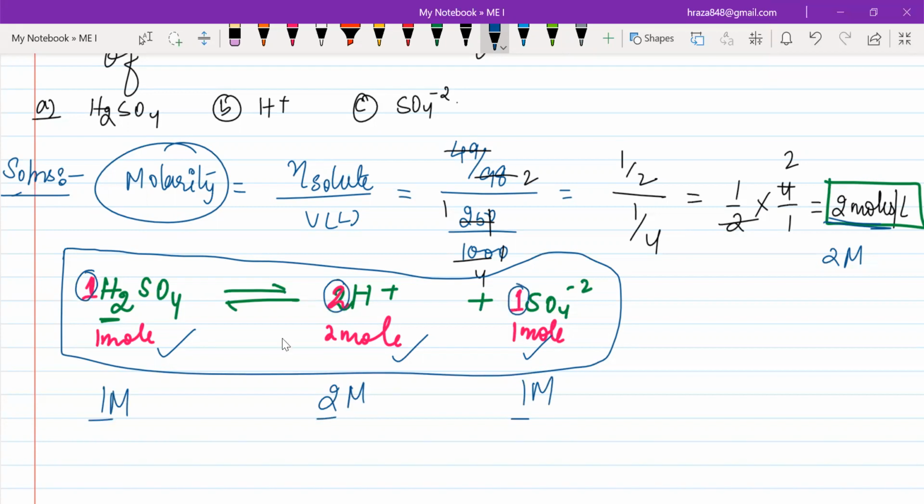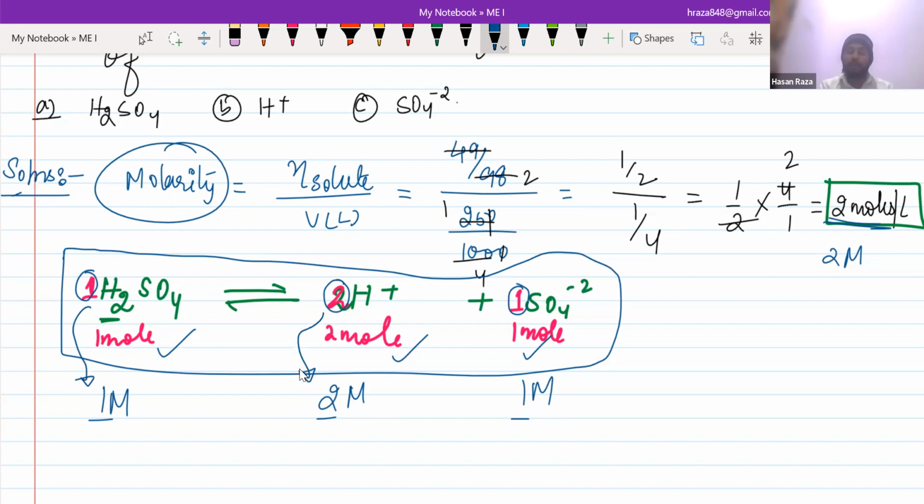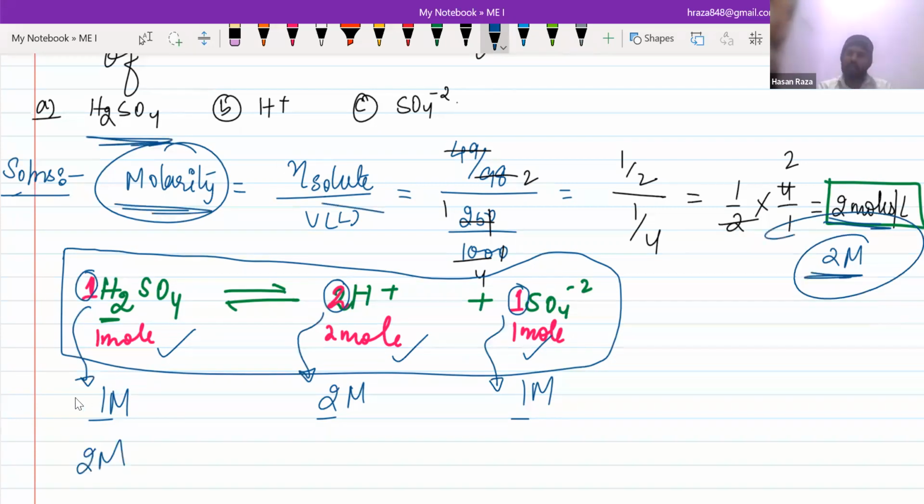Yes, sir. That means if it is 1 molarity, you will have 2 molarity of H plus and 1 molarity of SO4 minus 2. But we have 2 molarity of H2SO4. So if you have 1, then you get 2; if you have 2, you will have 4M. And if you have 1, then 2; so 2.